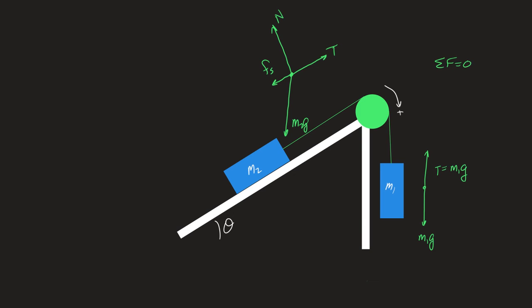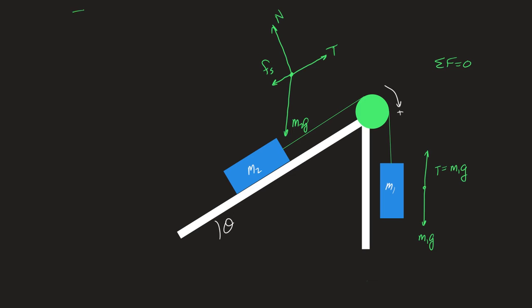If I think the block is too big and is trying to draw the mass on the ramp up the ramp, then friction has to oppose the direction that the block is trying to go. This is a conscious decision to make the friction down the ramp, because we said we thought the block that was hanging was too big. So friction is trying to prevent it from sliding up the ramp.